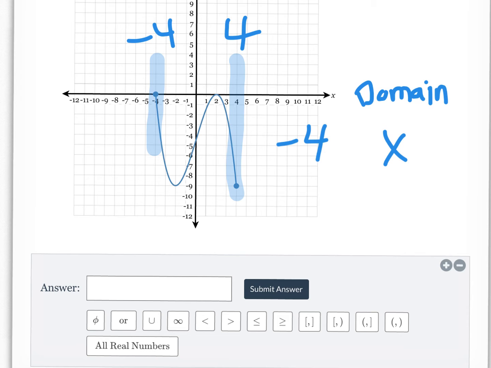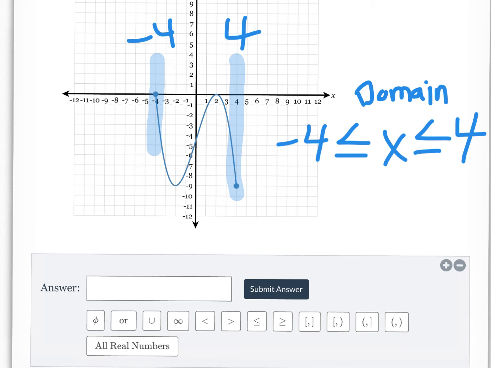You're going to say -4 is less than or equal to x, because x is greater than or equal to -4, but it's less than or equal to +4. And that is the inequality way of showing that x is all the values that are between -4 and +4, because it's greater than or equal to -4, but it's less than or equal to +4. So that's how you would write it using inequality notation.